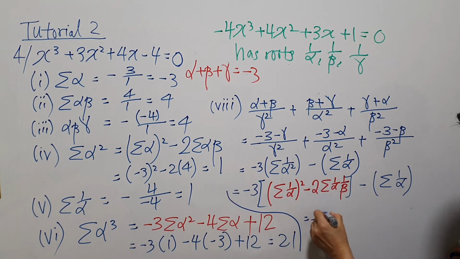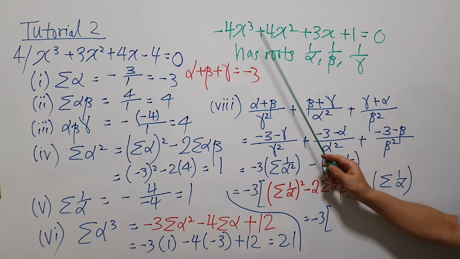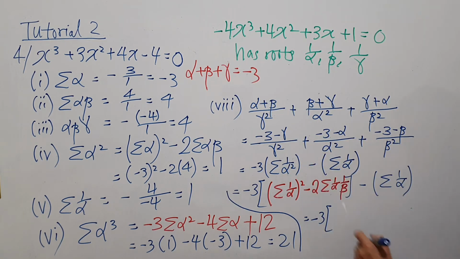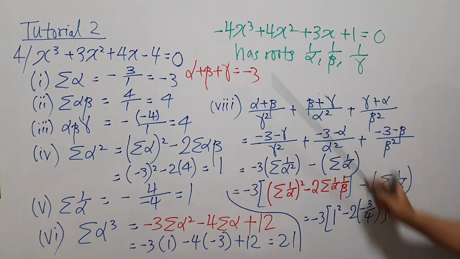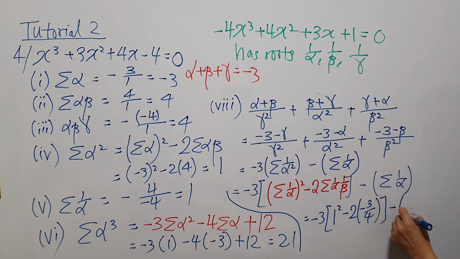Minus 3, this fella is going to be minus b over a, so it's a 1. So it's 1 squared minus 2 c over a, which is minus 3 over 4, minus the summation of 1 over alpha, which is 1. Then now you can calculate this out.